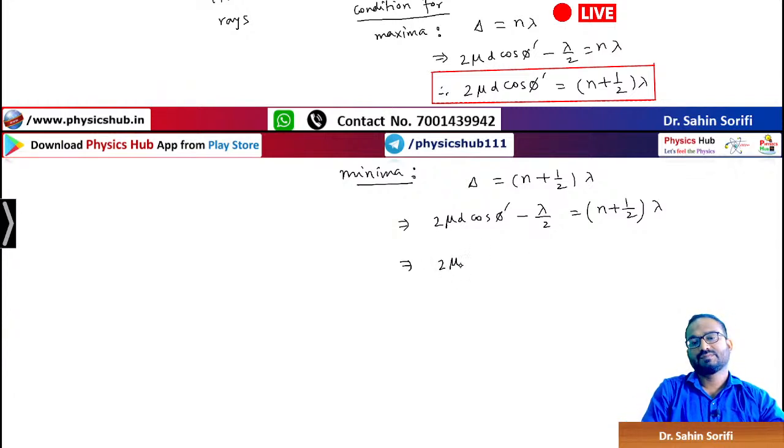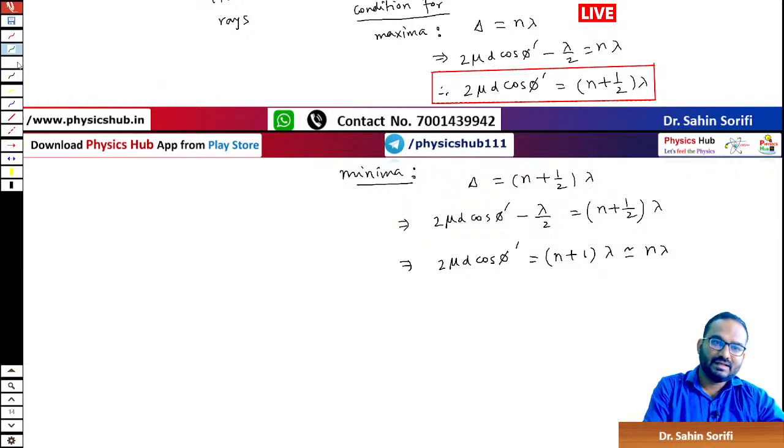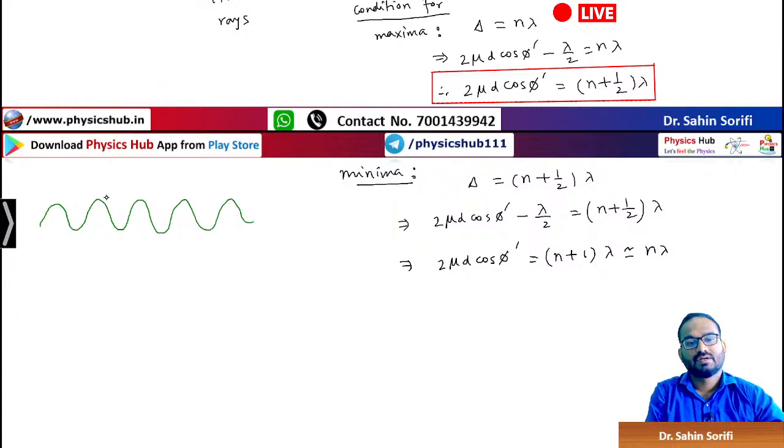That is, twice mu D cos phi prime is equal to n plus 1 times lambda. And this can be approximated to n lambda. You can imagine it this way: light is going along like this, and this peak to peak separation is lambda.